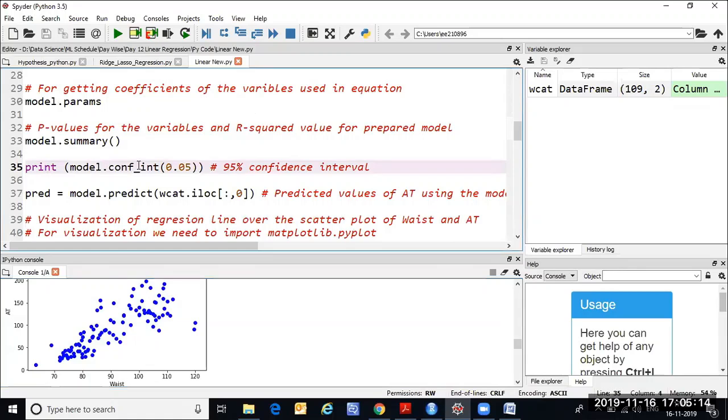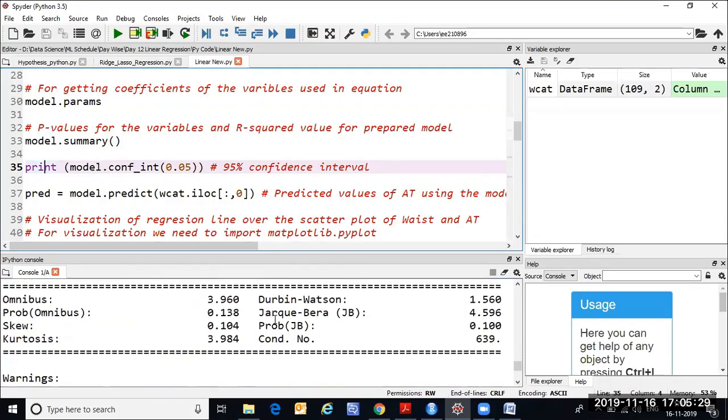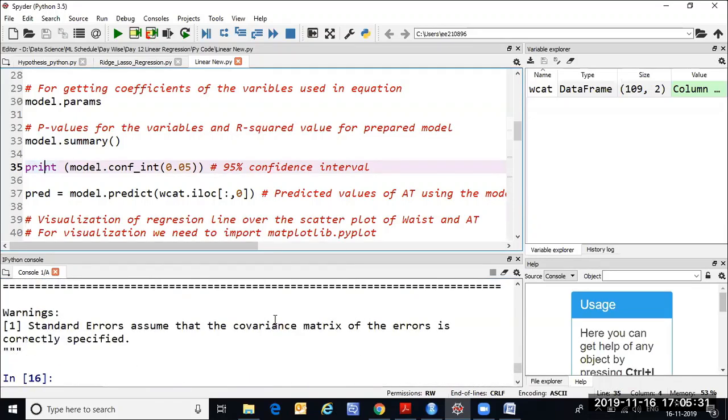So to get the confidence into the predictions based on confidence interval, this is the syntax: model dot conf underscore int. I'm just printing that. You'll get this. Just give me a second.